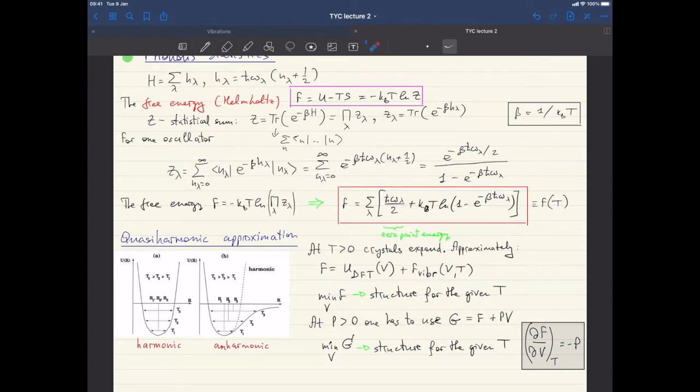There is also a simplified or naive quasi-harmonic approximation, in which vibrational frequencies are calculated at zero temperature, at the geometry which gives the minimum to the density functional theory energy.